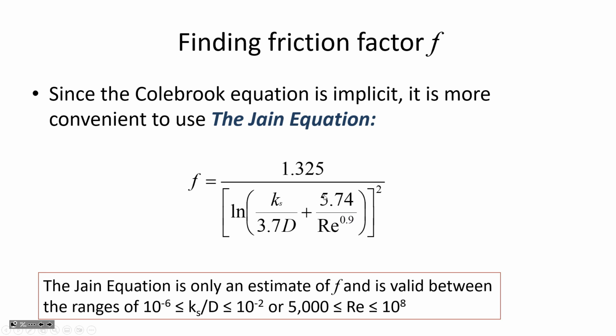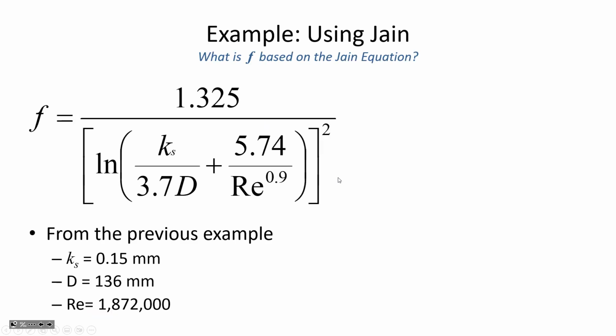But the beauty of the Jain equation is that the f value is just by itself on the left-hand side. And we could set this up in Excel a lot easier. You could set it up on paper a lot easier than the Colebrook equation. So this semester, unless you are told to use the Colebrook equation, you can use the Jain equation. It's good enough and applicable enough over a broad range of conditions that the Jain equation is okay.